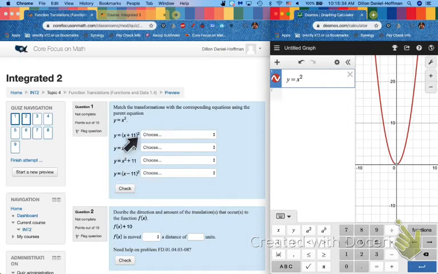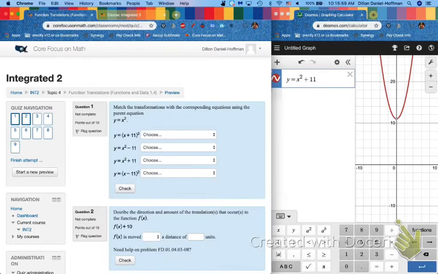So don't just match them up exactly how you see me, because you might get it wrong because they're in different orders. First thing we're going to do is ignore the parentheses, and I'm just going to start by typing in this equation right here. So if I say plus 11, let's see what happens to my graph. Whoop. You can see that it went up 11, where the bottom was at 0, 0, and now it was at 0, 11.